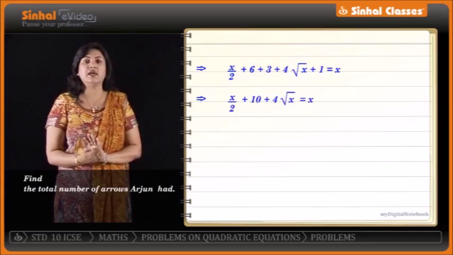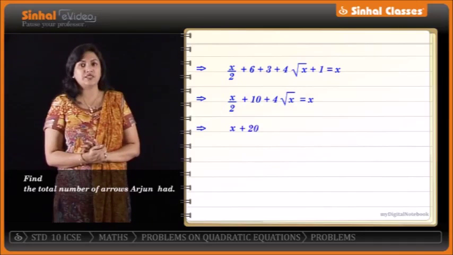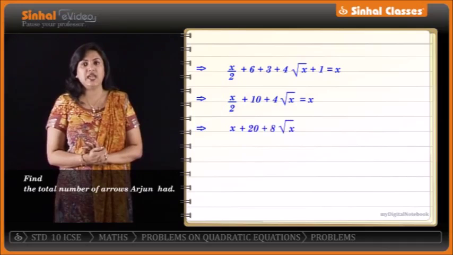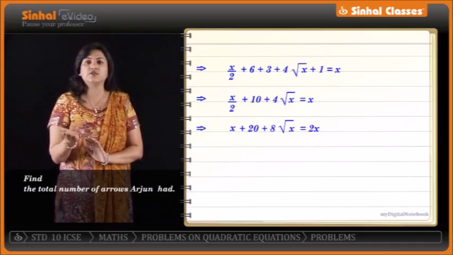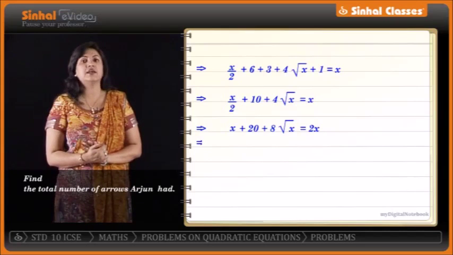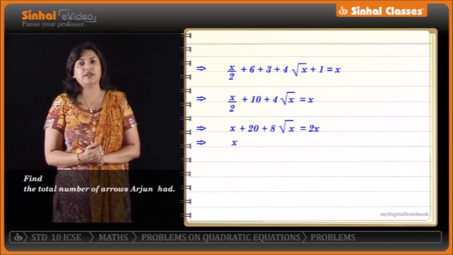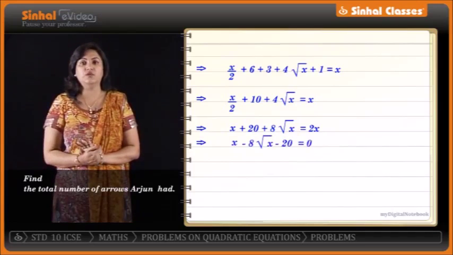Now take the LCM as 2. We get x plus 20 plus 8 root x is equal to 2x. Now transfer 2x to the other side. We have x minus 8 root x minus 20 is equal to 0.